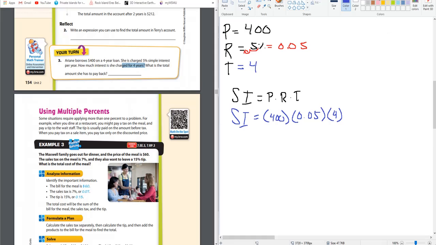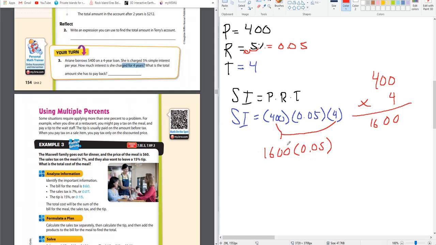Again, I'm going to choose the 2 easiest things to multiply. So I'm going to multiply that. And that 4 times 400 is 1600 times 0.05.